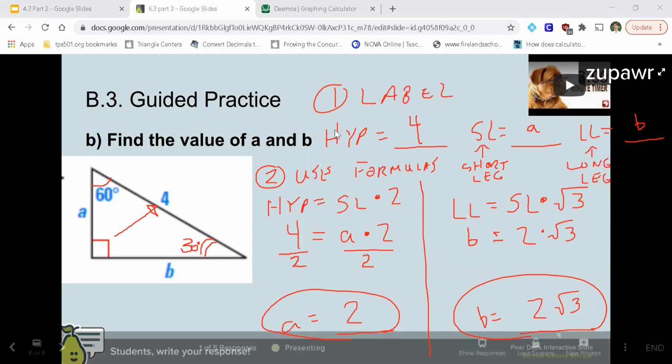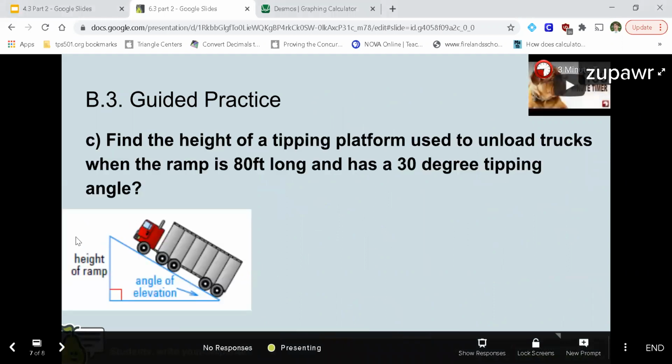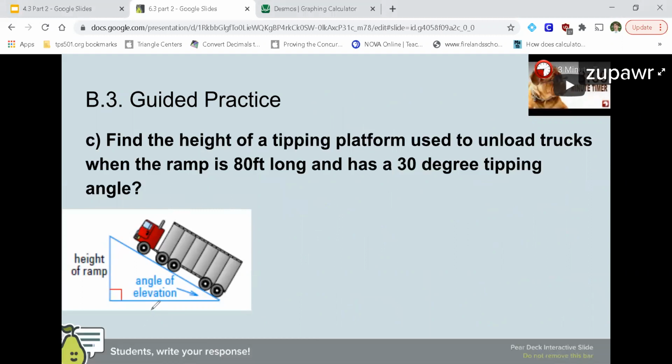Okay. Last one we're going to do. We need to find the height of a tipping platform used to unload trucks. The ramp is 80 feet long and has a 30-degree tipping angle. We need to find the height.